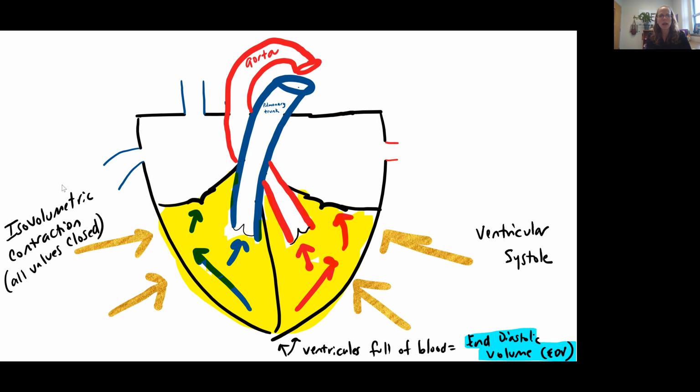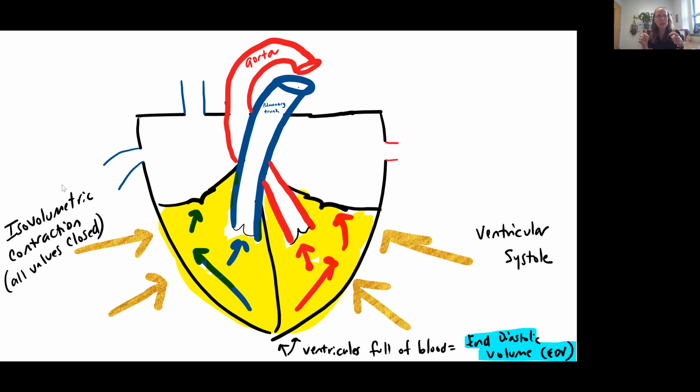Now notice that this stage in the cardiac cycle is referred to as isovolumetric contraction, where the prefix iso means same and volumetric is talking about volume. In this case, every valve is closed. There is contraction of the ventricle, there is pressure building in the ventricle, but the blood is not going anywhere. It's not regurgitating back out into the atria, but it's also not leaving the ventricle through the pulmonary trunk or the aorta.